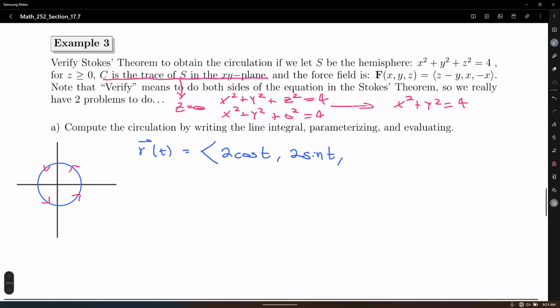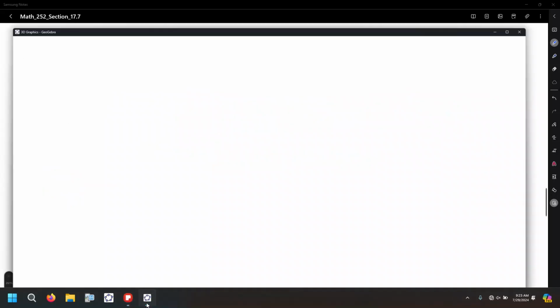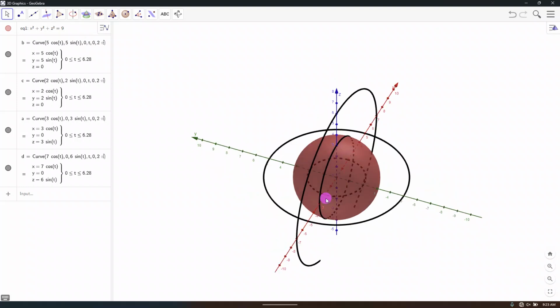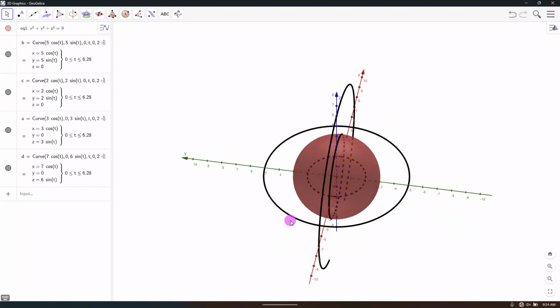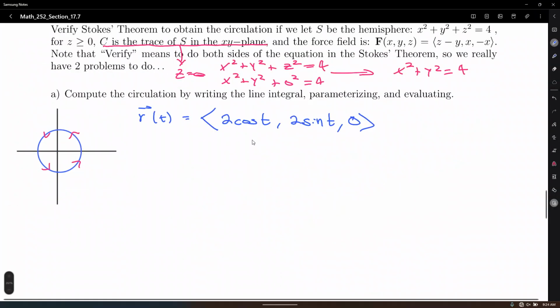Because we have a force field in space, what would be the z component of this circle? 0, right? Okay, I believe this was the same. Wait, was it a sphere of radius 3 I did? Oh yes, it was a sphere of radius 3. So it's a circle of radius 3, right? Oh, it was radius 2. Never mind. Oh no, yes, it was radius 3. So, okay, let's put a 0 there.